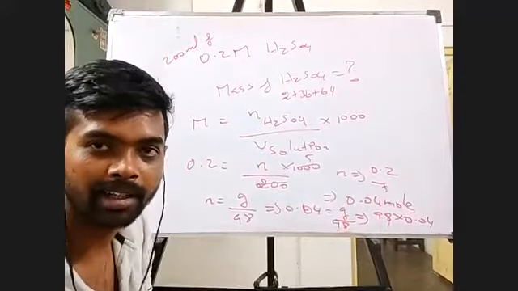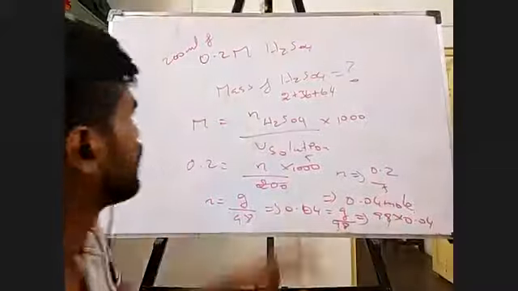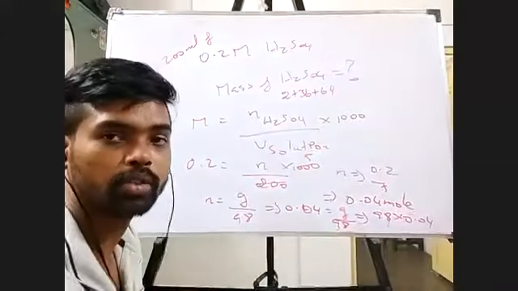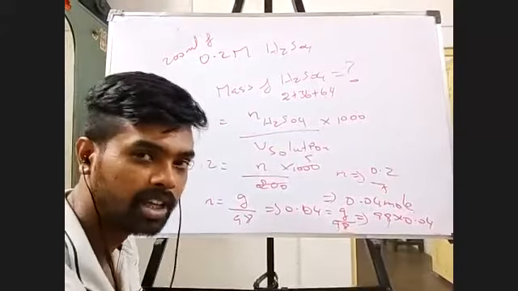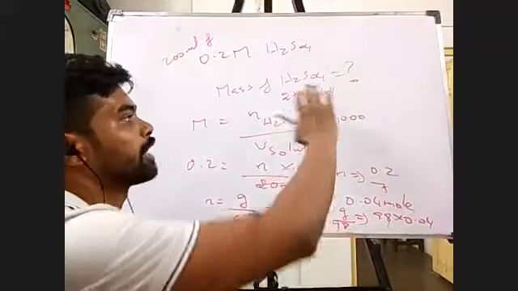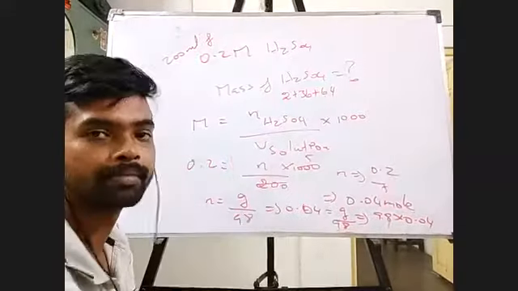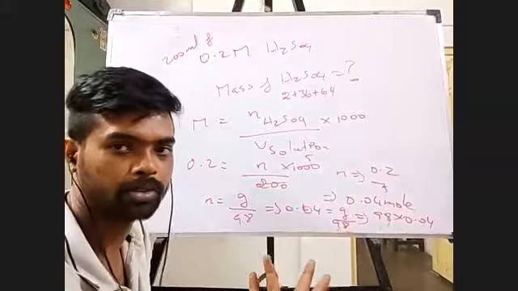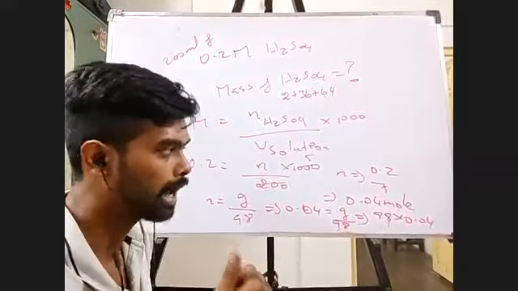Are you able to understand? Again, I repeat the question. I have 200 ml of 0.2 m H2SO4 solution, and they're asking the mass of H2SO4 present. To know the mass, I need the number of moles.